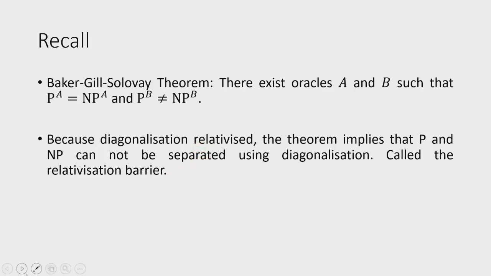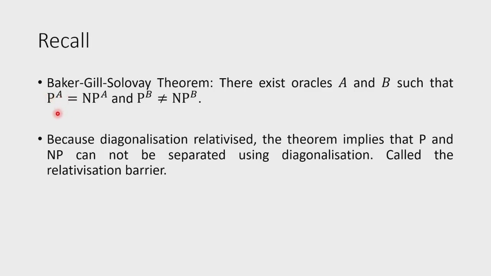Because P is inside NP, P is a subset of NP. So does it mean that P to the A would always be a subset of NP to the A? Yes, because when is a language in P to the A?